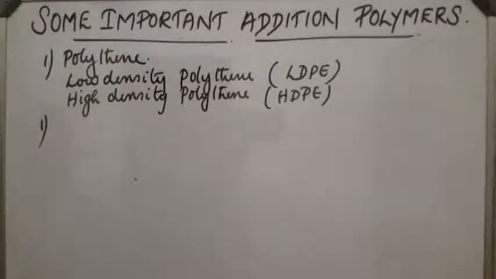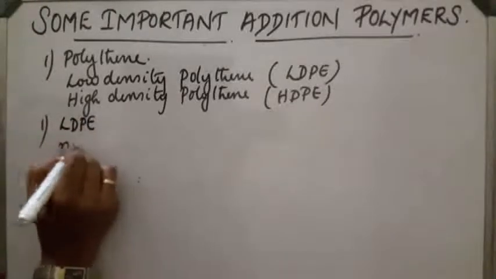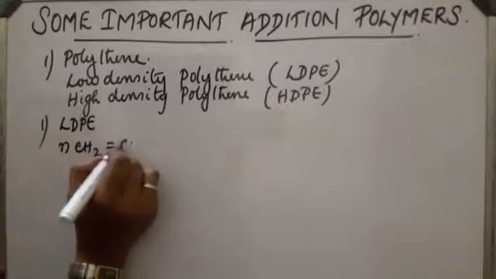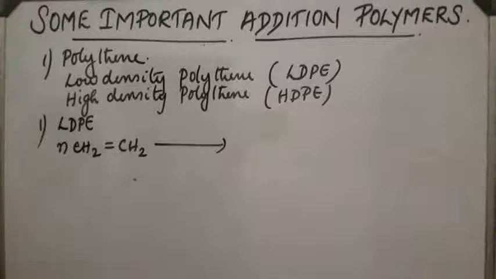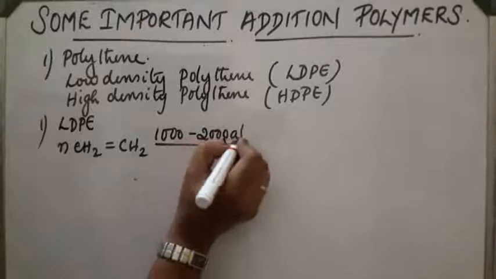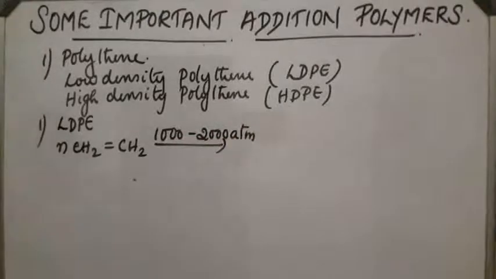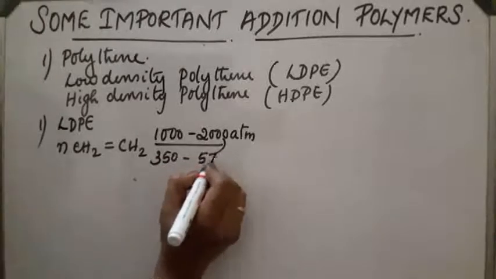First, preparation. This is obtained from the polymerization of ethene under high pressure, high temperature and the presence of catalyst. How can we prepare LDPE? First, ethene polymerizes at a pressure of 1000 to 2000 atmospheric pressure and at high temperature, that is 350 to 570 Kelvin.